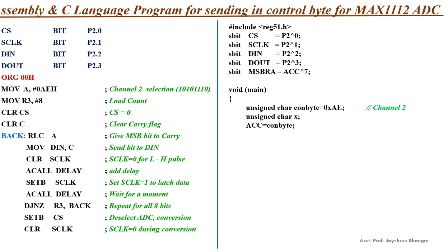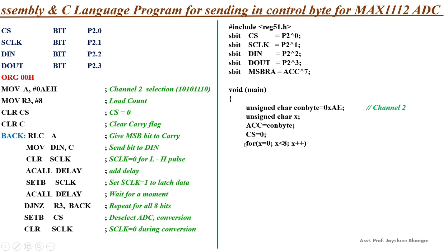Here ACC is nothing but the accumulator. So we are loading this control byte, that is the 0xAE value available in this variable, into the accumulator. Now we are activating the chip using the instruction CS equal to 0. We are making this CS pin equal to 0 and activating the ADC.